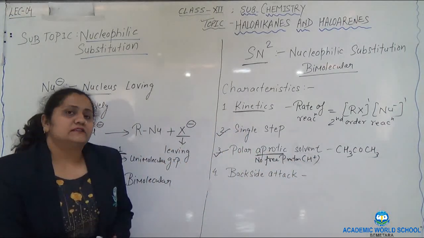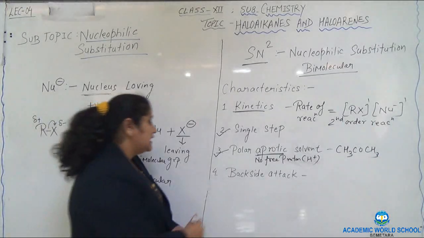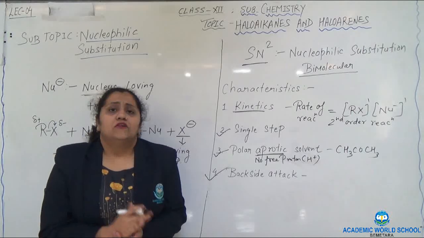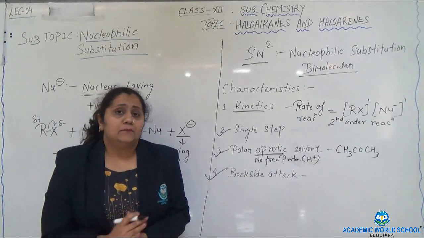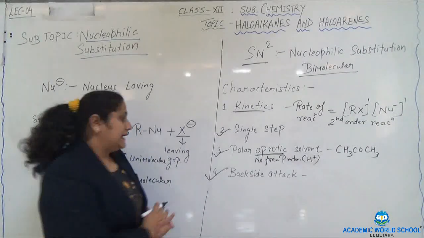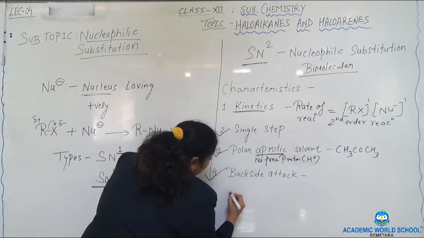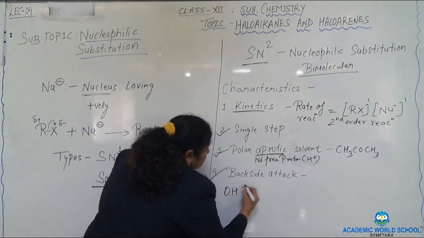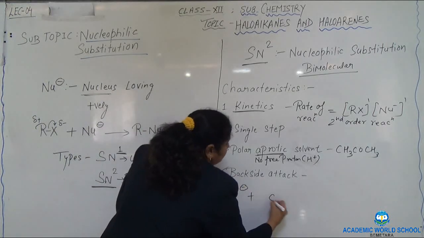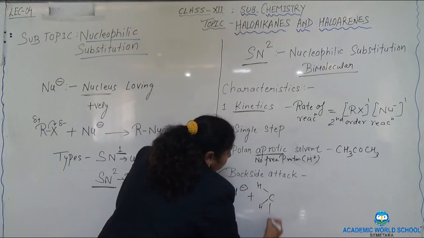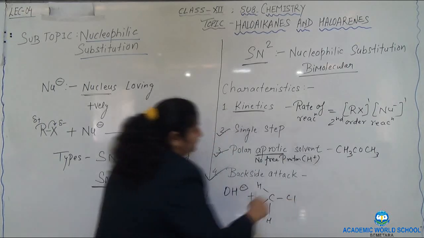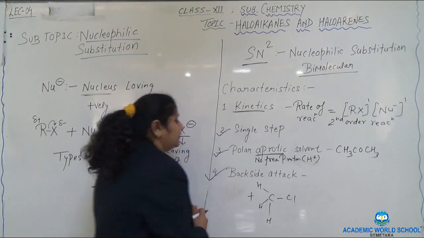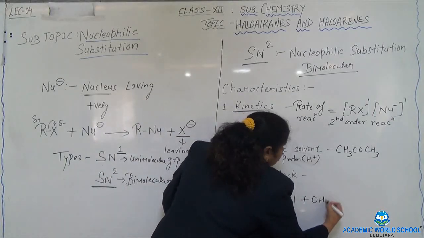The fourth characteristic of an SN2 reaction is that the attack always occurs from the back side. This is very important to understand. Suppose I take OH minus as the nucleophile and attack methyl chloride, and instead of a backside attack I put the nucleophile on the front side.